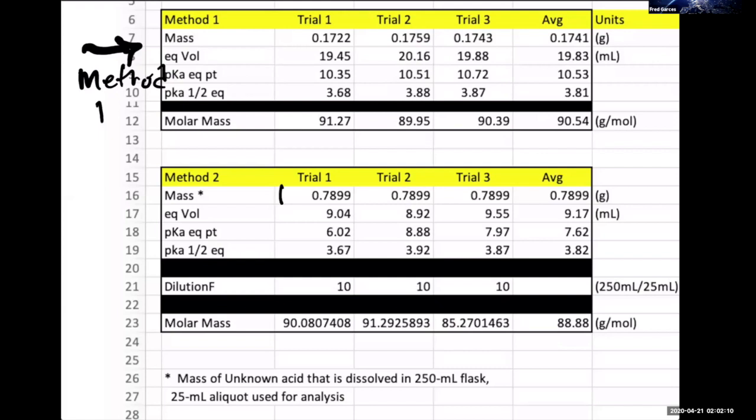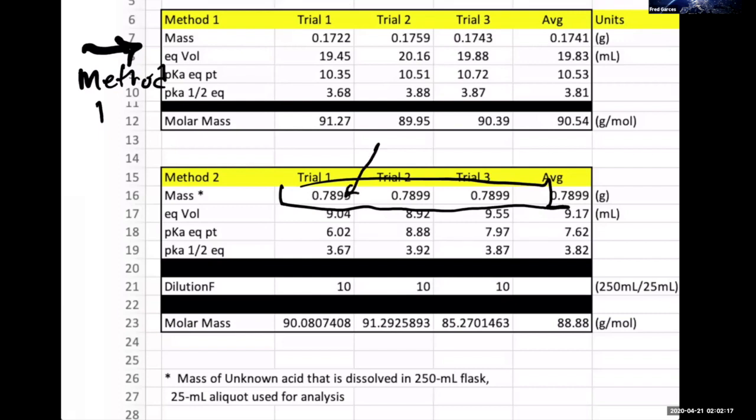Notice that the mass is all the same, and that's because I took that amount of acid and put it in a 250 mL volumetric flask. Okay, the equivalent volume, the volume I needed of base to reach the endpoint, was 9.04. The pH at the equivalence point, I should correct that, is 6.02.